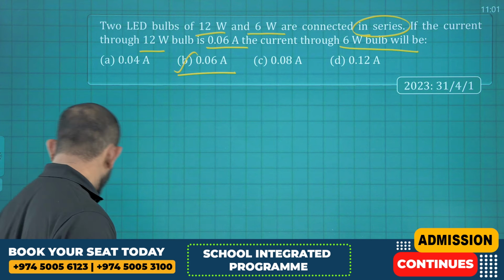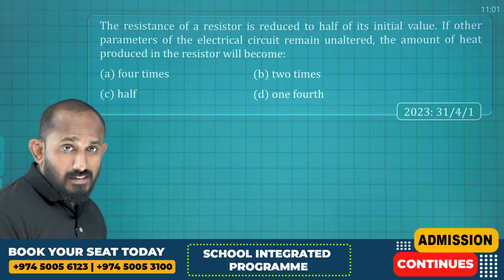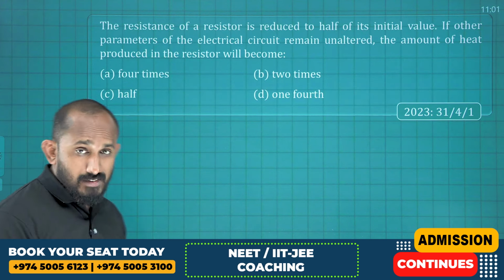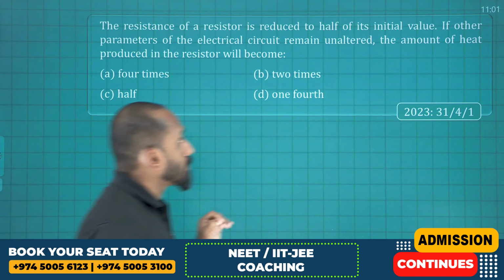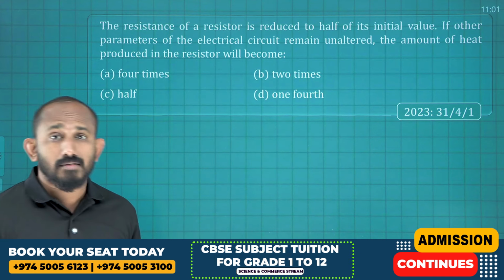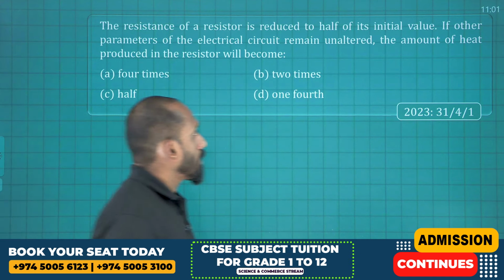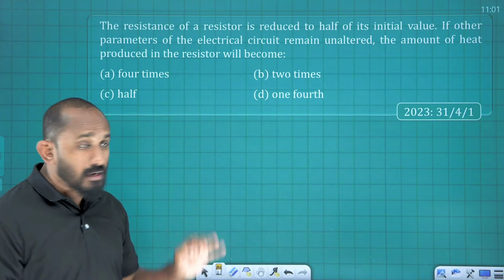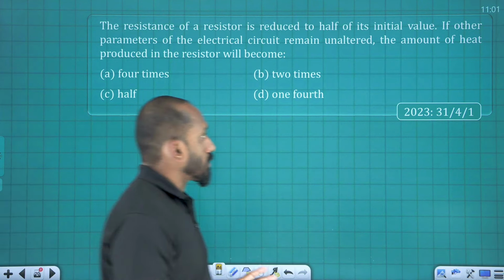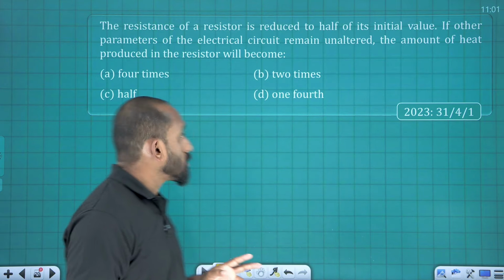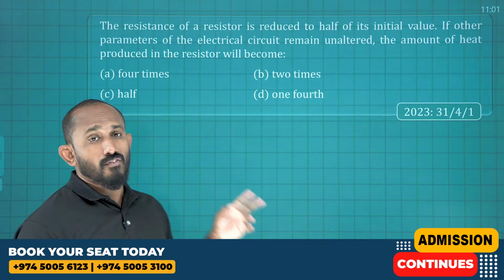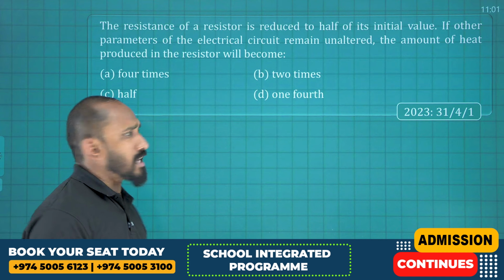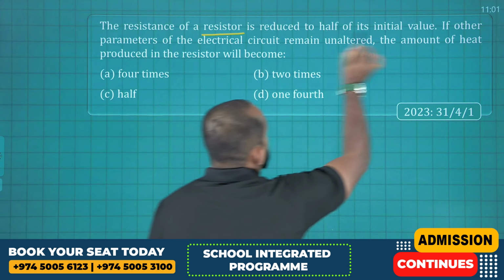Next question. The resistance of a resistor is reduced to half of its initial value. Resistance becomes half. If other parameters of the electrical circuit remain unaltered, no changes there, then the amount of heat produced in the resistor will become? The same concept is there, the resistor is halved.